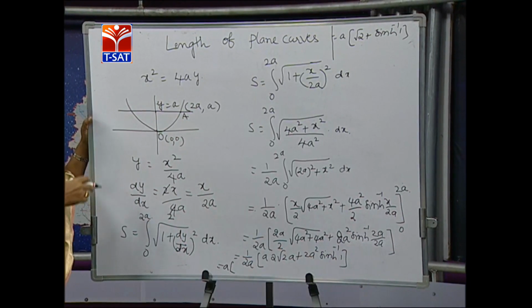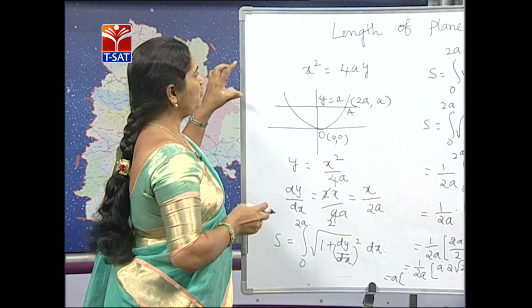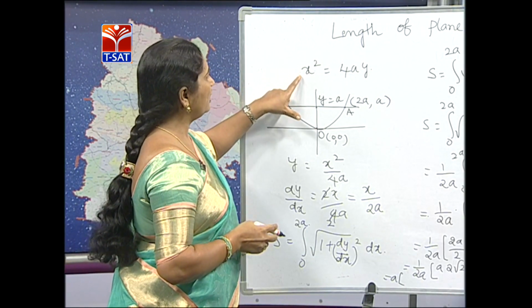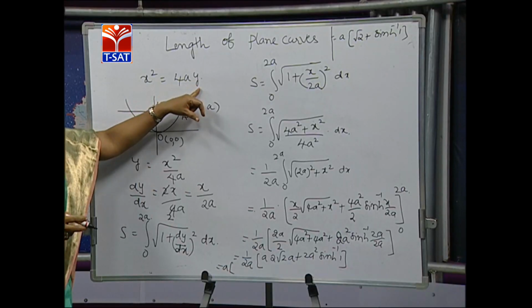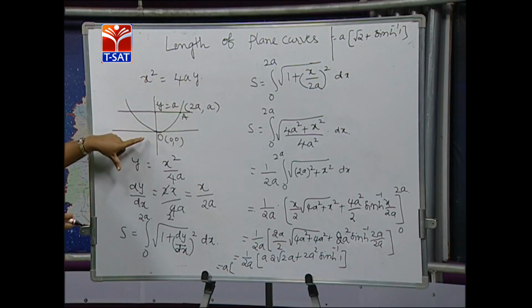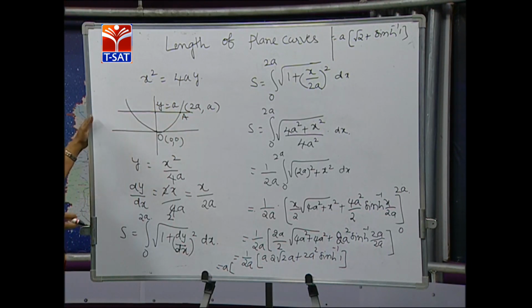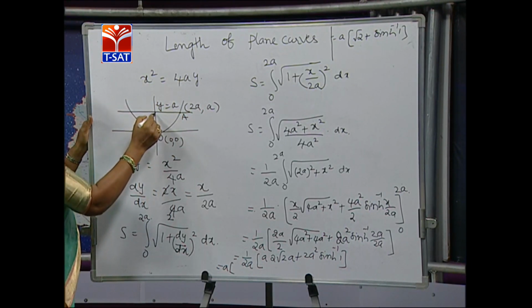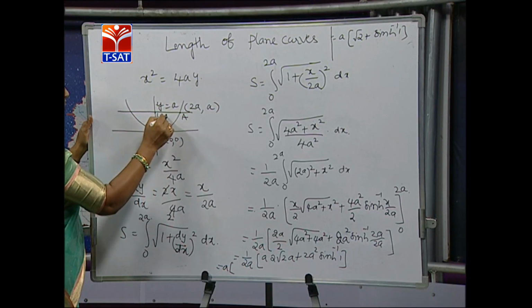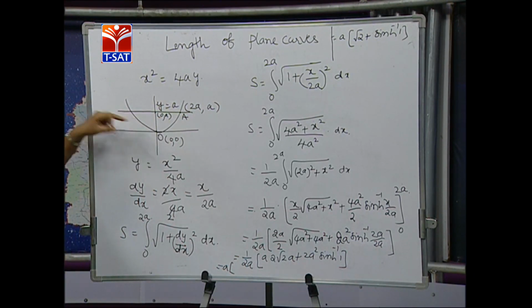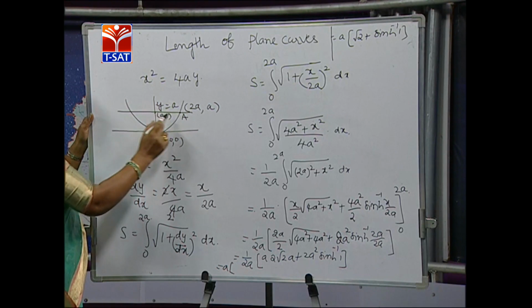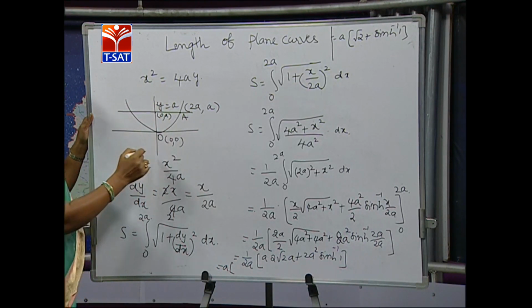See, what is the given problem? We need to find the length for the parabola x square is equals to 4ay from one vertex to one extremity of the latus rectum. So, what is latus rectum? This is a 0 comma a focus. Latus rectum is a line which passes through the focus and perpendicular to the axis.